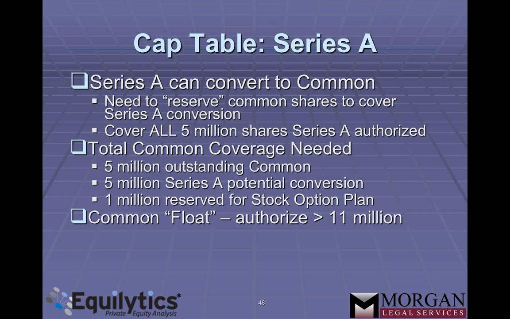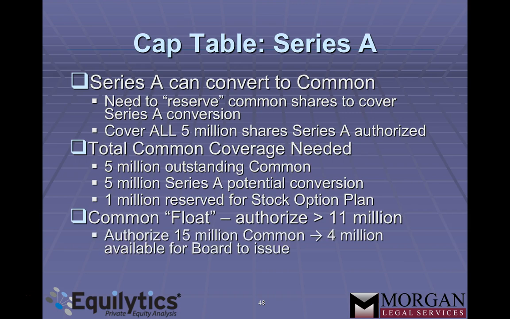So we were covering 6 million. That left us with 4 million as float. If we wanted the same 4 million float, that would require an authorization of 15 million shares of common. 11 that's kind of committed to everything we have going on here, and 4 million more available for the board to issue.